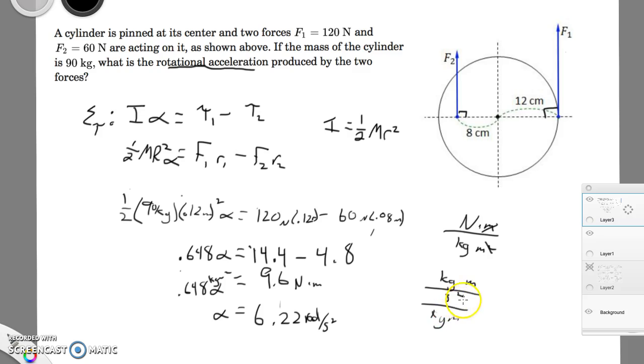So this meter is going to cancel with that one, the kilogram is going to cancel with that one, and we're left with 1 over second squared. I'm not going to get into why there's the radians here, but it is radians per second squared.